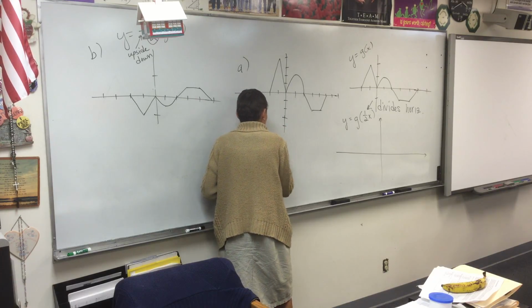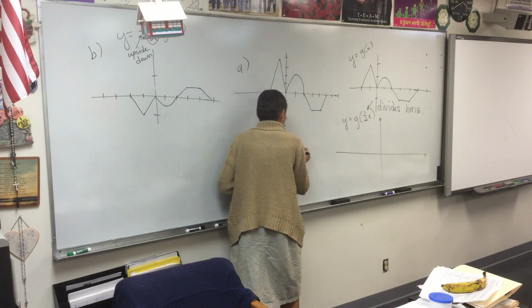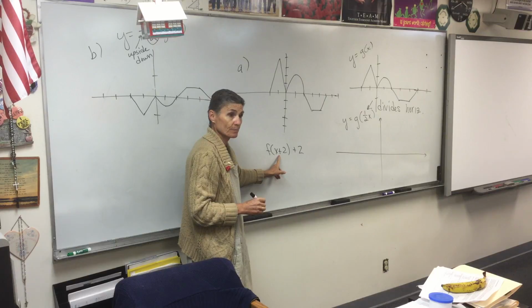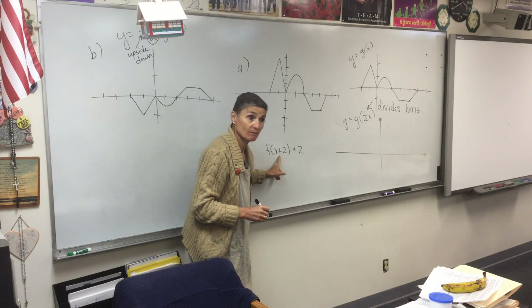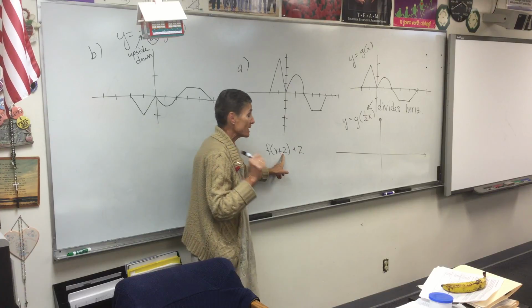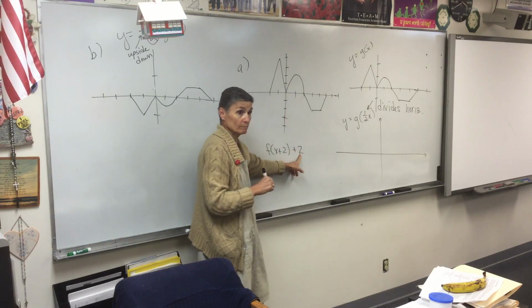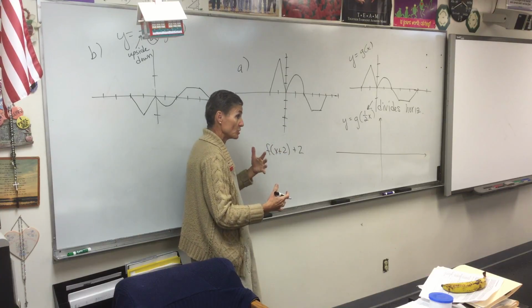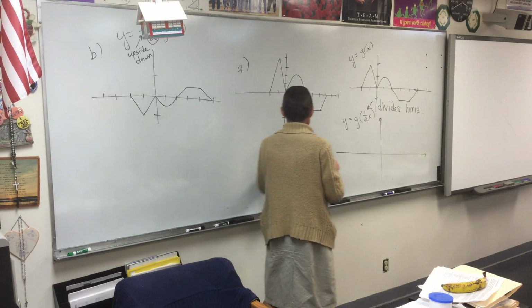Before you get totally confused, remember something. You remember how when you have the 2 hooked to the X, it does the opposite of what you think? This one goes up to, but if it's hooked to the X, it's opposite of what you think. Same thing here.